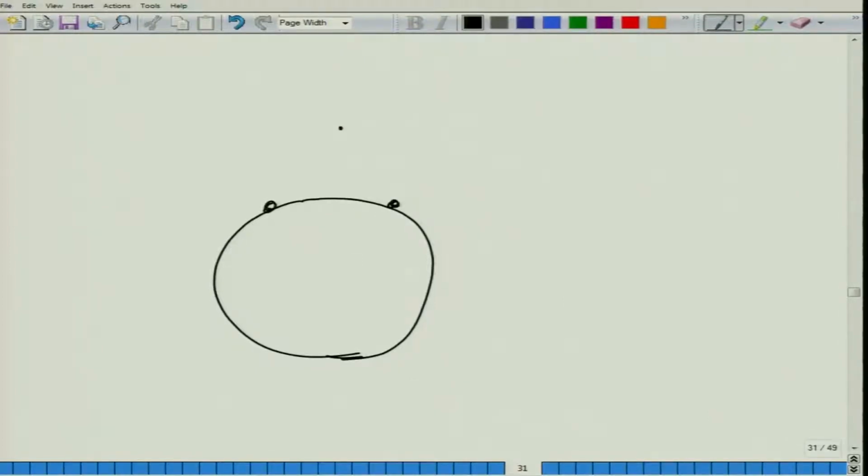Now, if we have some object here, the left eye and the right eye both are getting information about this object. Now, suppose this object were at a greater depth, then the angle subtended by the rays of light coming from the object would be different. So, the angle subtended at position 1 is different than the angle subtended at position 2.